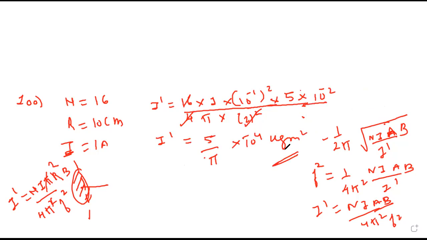5 upon pi into 10 raised to minus 4 kg meter square. Mark it, very important sum, very good sum.